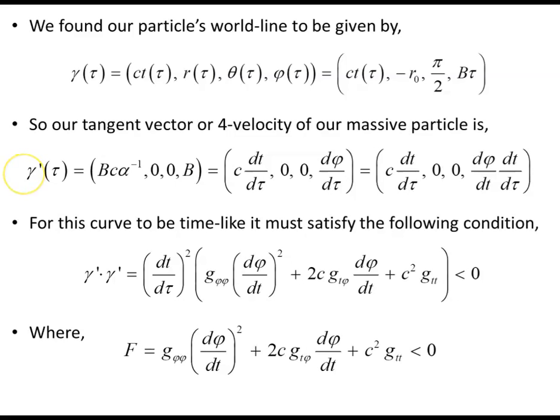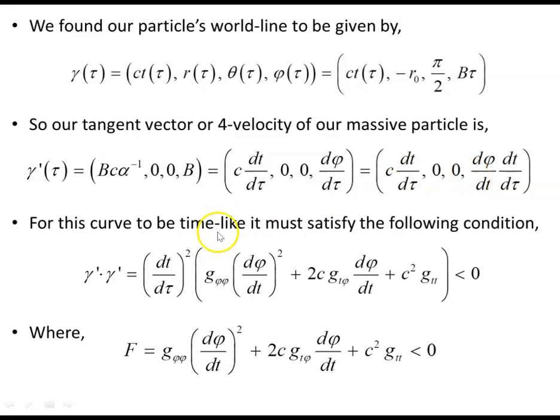This tangent vector, so an observer traveling around our little green path we saw earlier, our world line inside the ring singularity, the tangent vector to that, which is the forward velocity, must be time-like for a particle with mass. And so what we require is that this tangent vector be time-like, which means the world line, the curve itself, is also time-like. So, okay, so here's our gamma written out in this form.